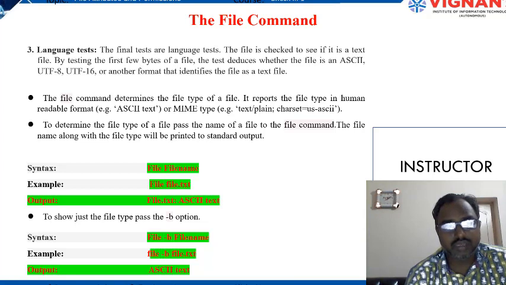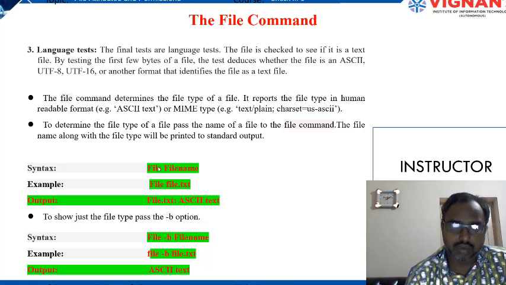The basic syntax to know the file type in Unix or Linux is you have to type dollar, file, space, file name. So as earlier, the file command has to be followed by the file name.